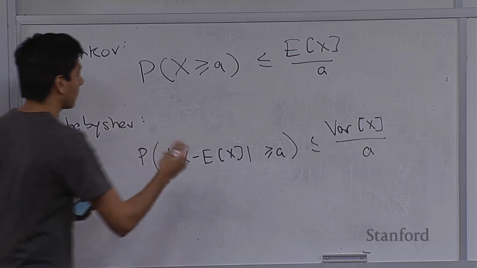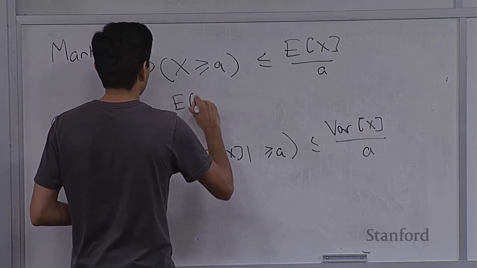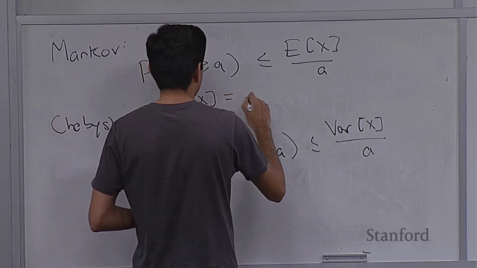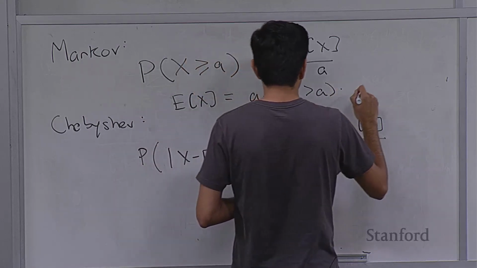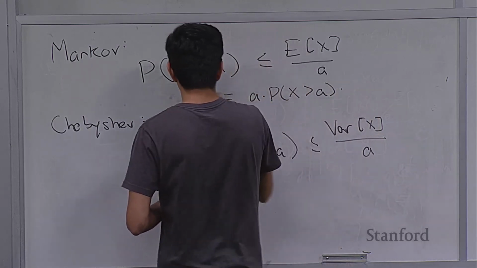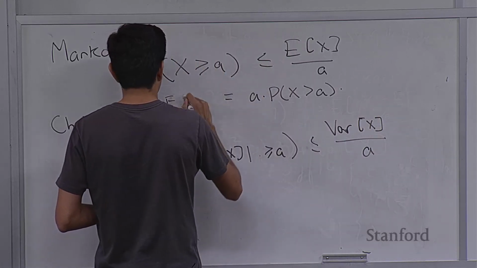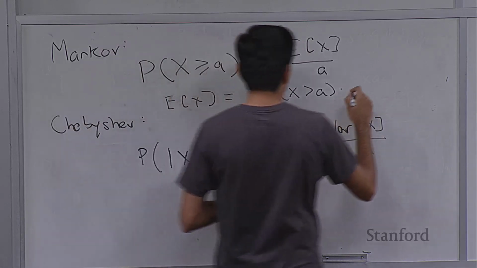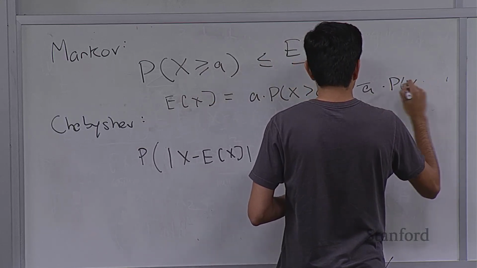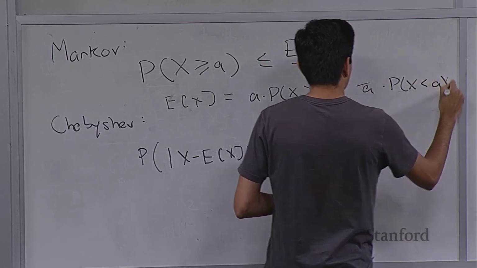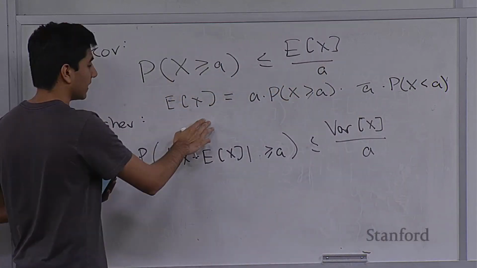We have 1 minute, so I can write it down really quickly. Basically, this is saying that the expectation of x is the probability.